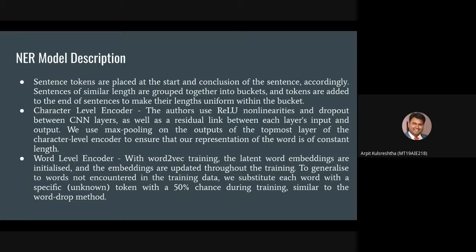Further, we do character level encoding and word level encoding.